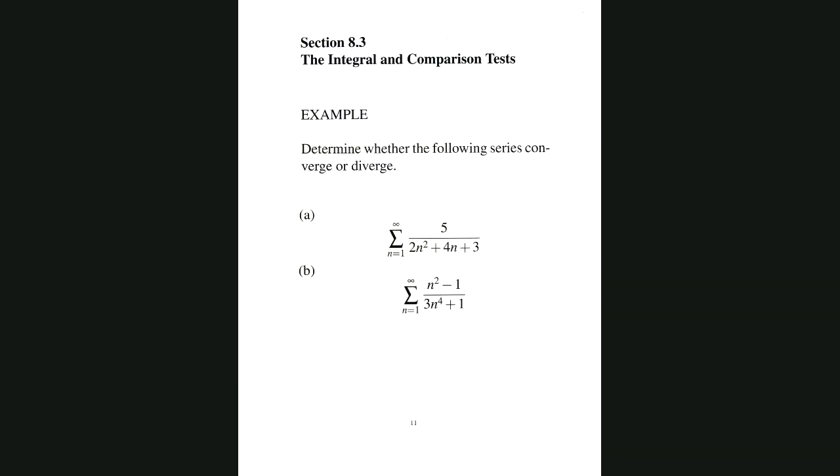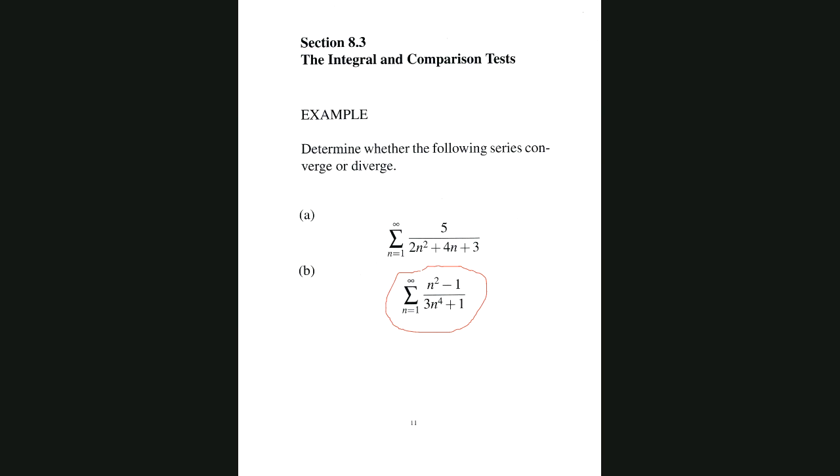The next example, we have the sum where n equals 1 to infinity of n squared minus 1 over 3n to the fourth plus 1. And again, just like with the first series, in the denominator, as n gets large, the 2n squared dominates.